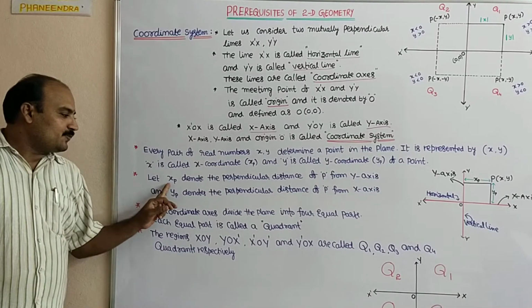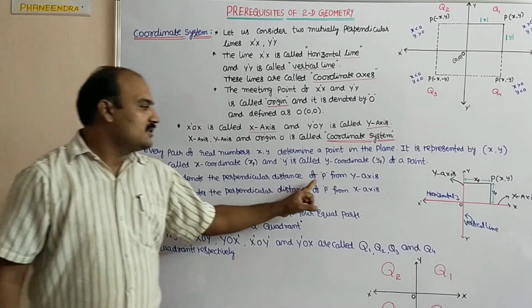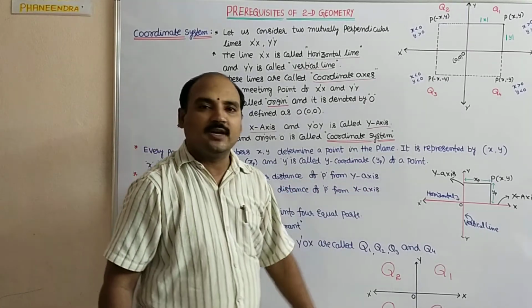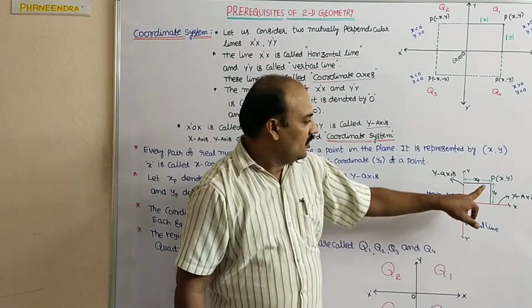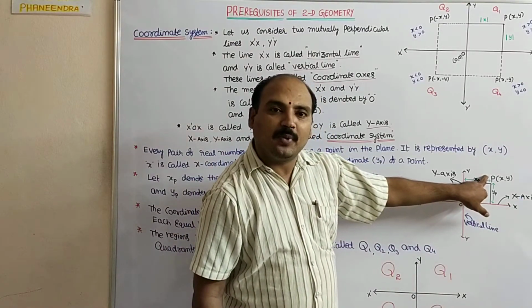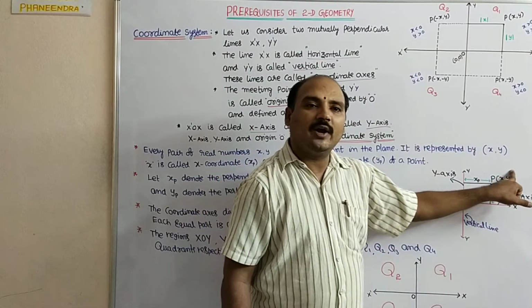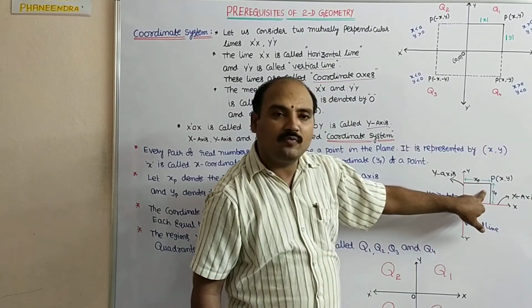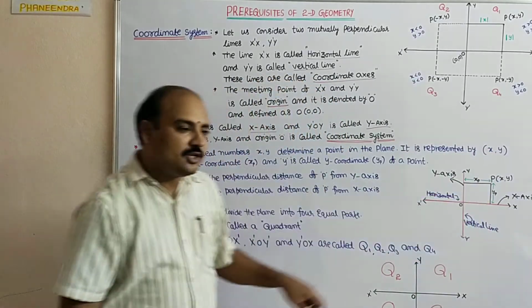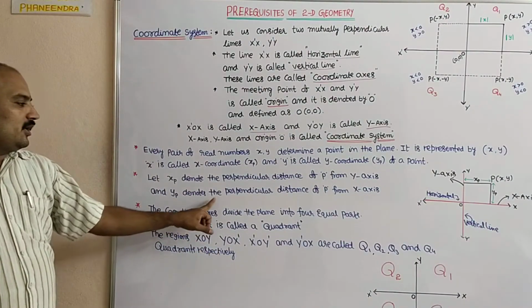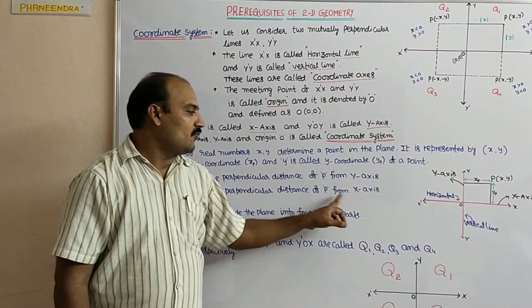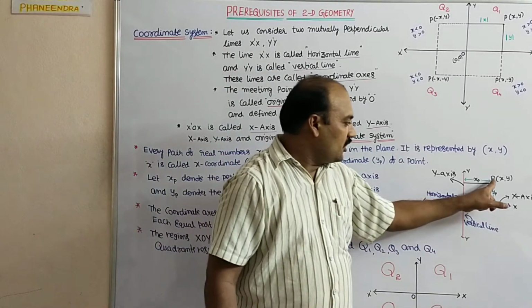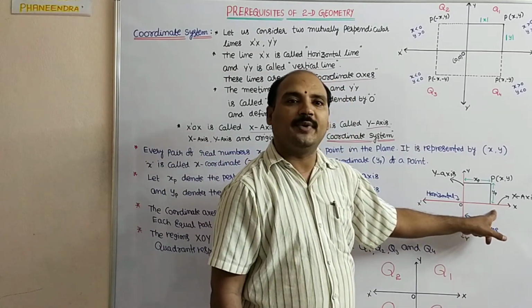Now let xp denote the perpendicular distance of P from the y-axis. Observe this figure. This is the point P(x, y) in the plane. The distance from point P to the x-axis is mod yp. So yp denotes the perpendicular distance of P from the x-axis.